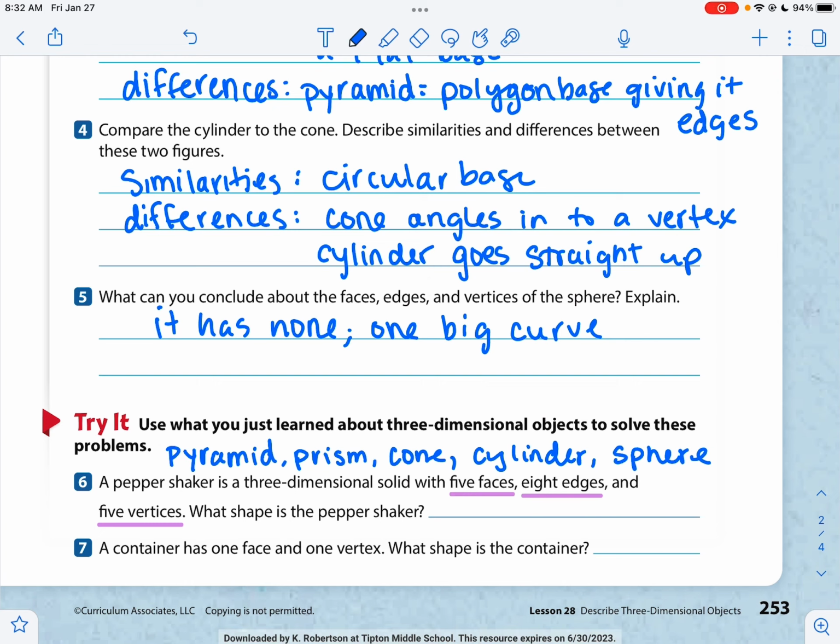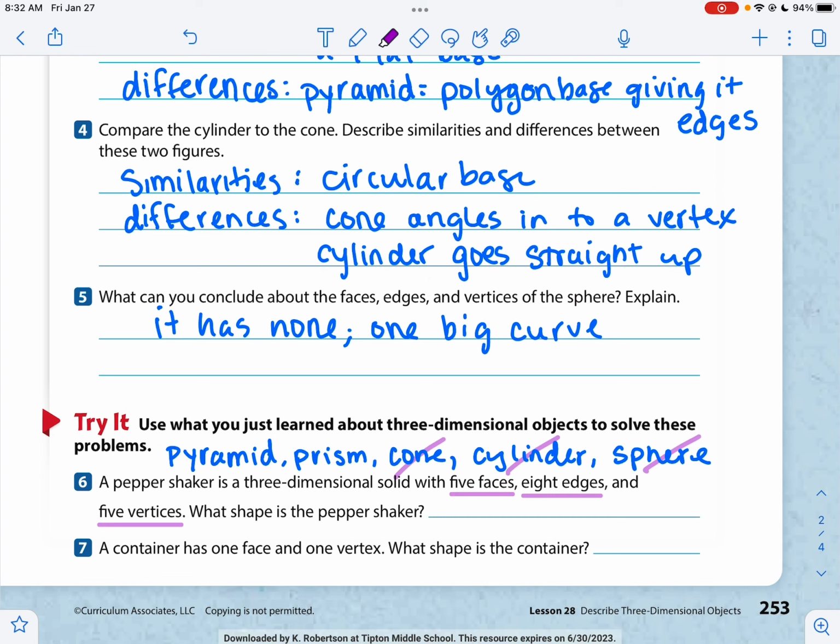These are our options, right? If we're thinking three-dimensional solid with 5 faces, I know it automatically cannot be a sphere, which doesn't have any faces. A cylinder is always going to have 2 faces. A cone is always going to have 1 face. So we're looking at either a pyramid or a prism.